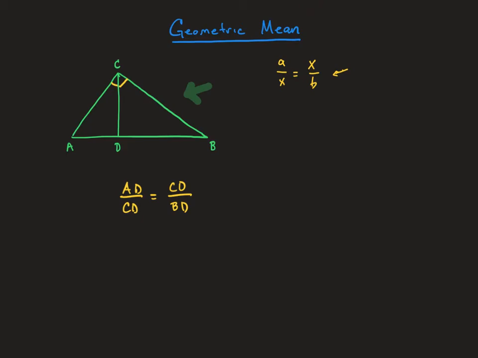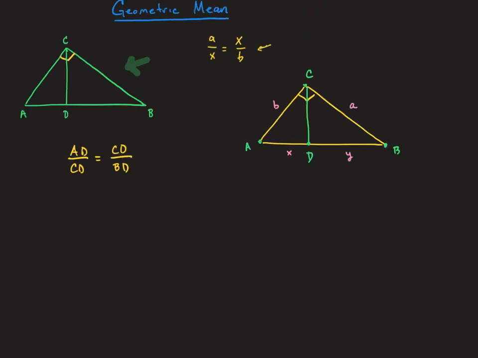So when I go to look at that, I have here that my height, my altitude is going to be the geometric mean between x and y, those two segments.